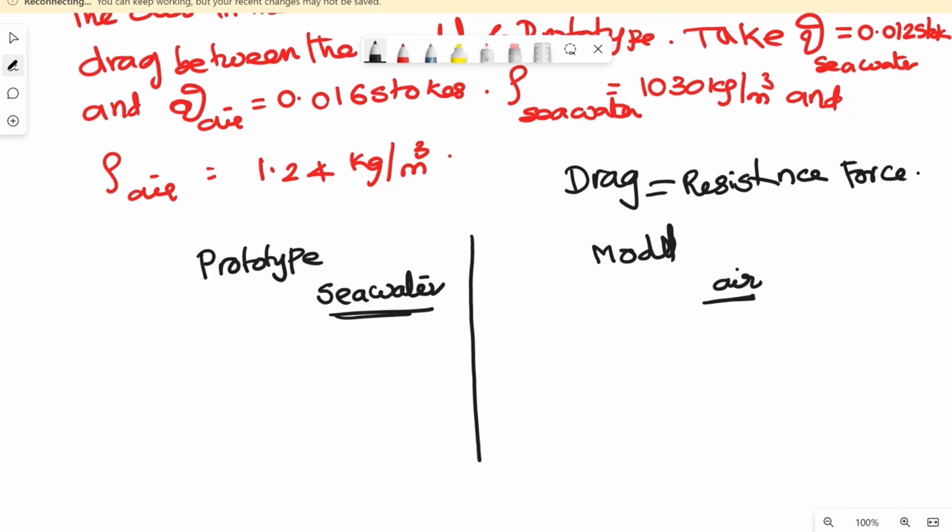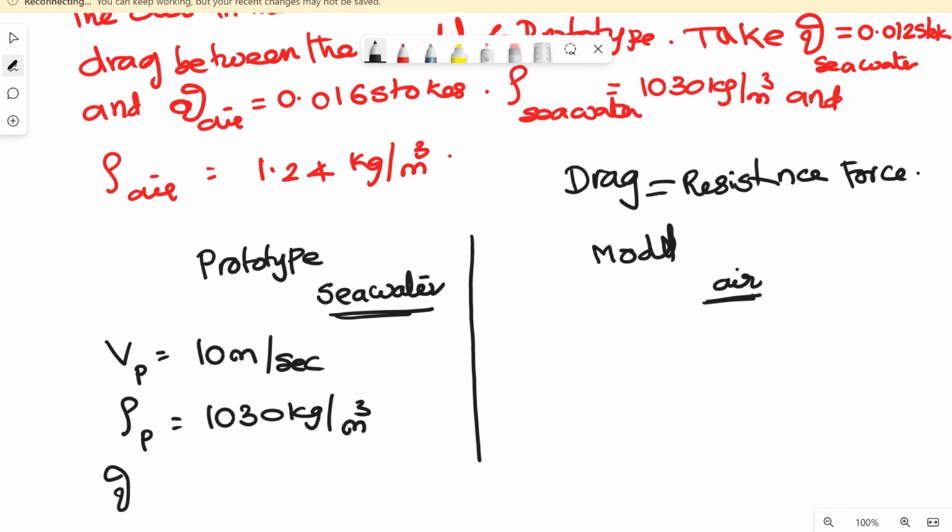whereas the model is tested in a wind tunnel, that is, the fluid there is air. This is the second thing you should understand. Afterwards, what are the other data he has given? Let us write it. For example, the velocity of the prototype he has given as 10 meters per second. Then rho for the seawater, for the prototype, is 1030 kg per meter cube.